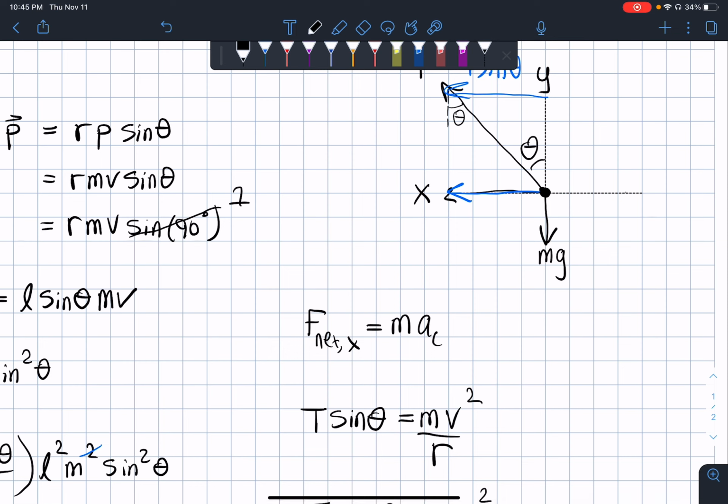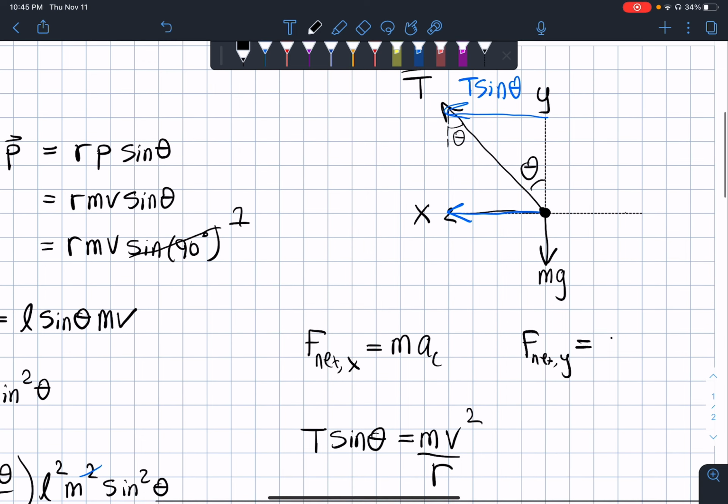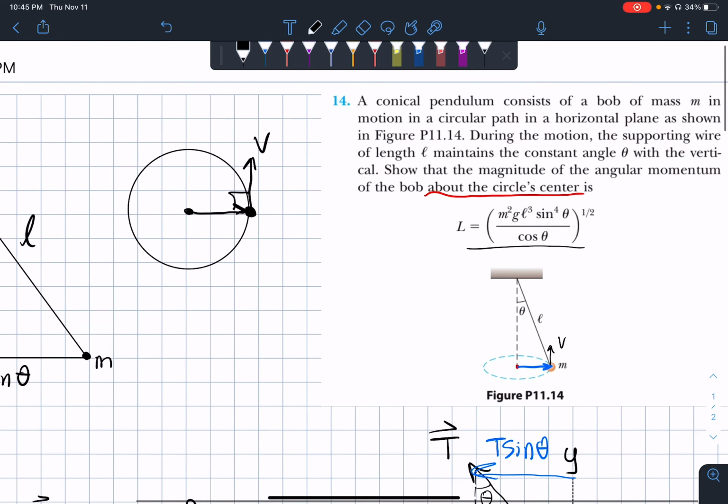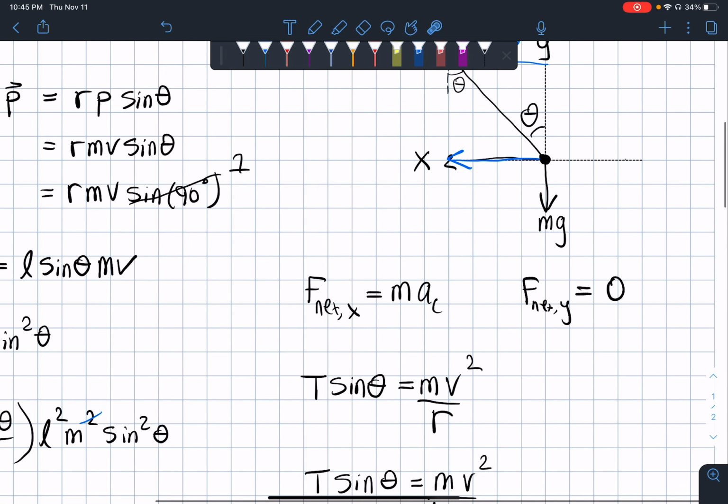So we say that F net in the y direction equals 0 because the object is only traveling in a horizontal plane, so it's not actually accelerating in the y direction. So we can say that its acceleration is equal to 0, which means the net force has to be equal to 0.